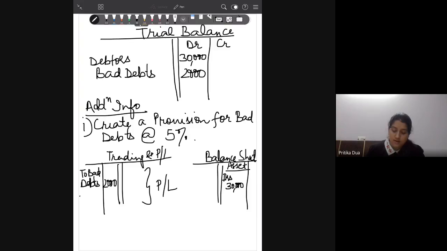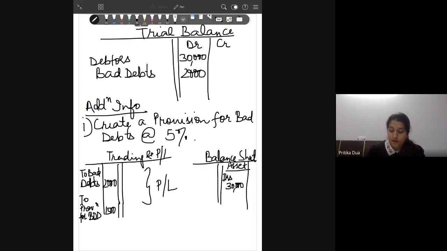So provision is an expense, so provision for bad and doubtful debts. Don't use short forms in the paper. 1500 will come on the debit side in the profit and loss account.